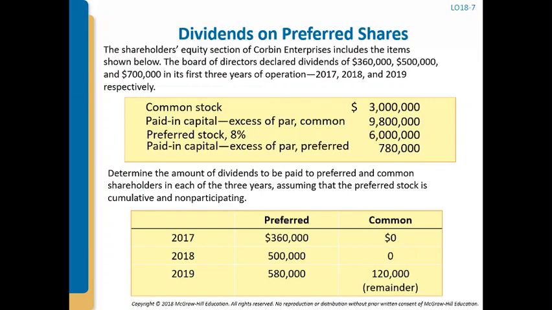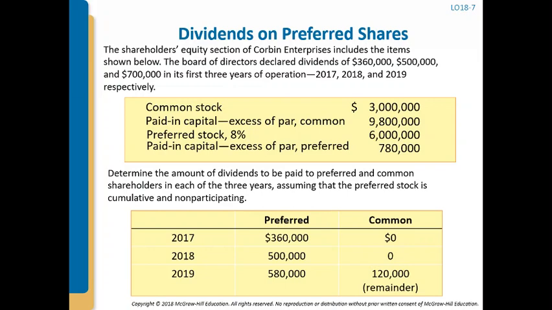Now, in 2018, they declare a $500,000 dividend. Another $480,000 accrues that must be paid to the preferred shareholders.